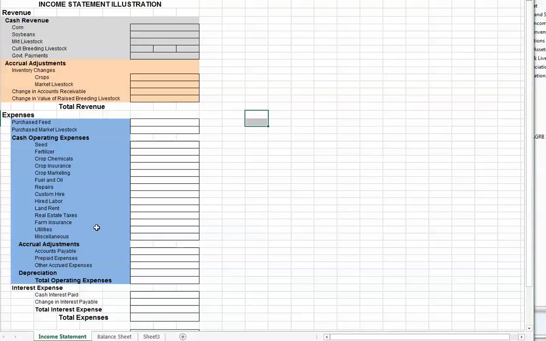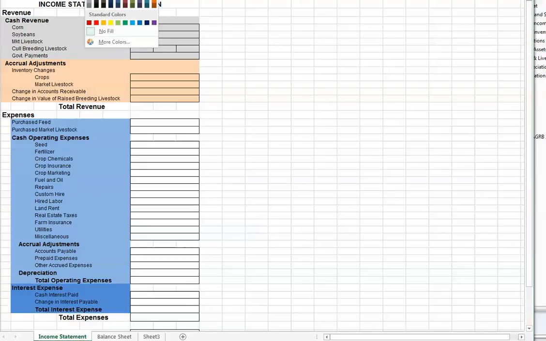The other section of expenses is interest paid on the farm. Interest paid on the farm is a separate category of expenses from the operating expenses. In other words, interest is not considered an operating expense. The reason is that if you're trying to compare your farm from a management standpoint from one year to the next, or compare your farm to other benchmark farms, different farms have different amounts of borrowed money.